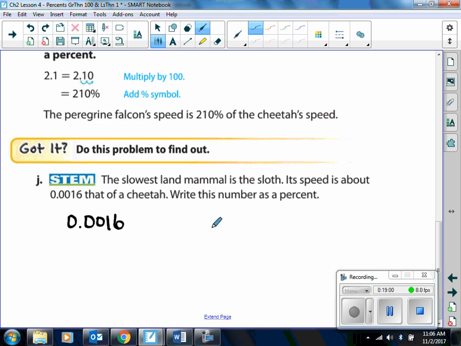And now, changing that decimal to a percent, we're going to move the decimal 2 places to the right. So that gives me 0.16%.